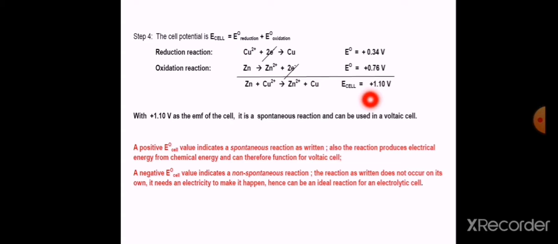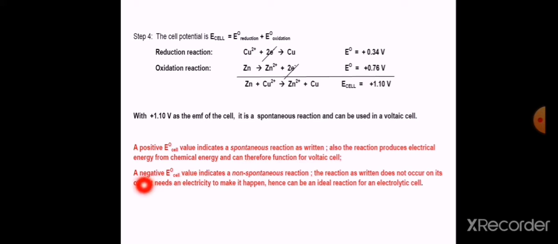Paano natin to i-interpret? Okay, we have rules that if E naught or if the cell potential is positive, the redox reaction is spontaneous. If that's spontaneous, the reaction could produce electrical energy coming from the chemical energy and can therefore be used for a voltaic cell.